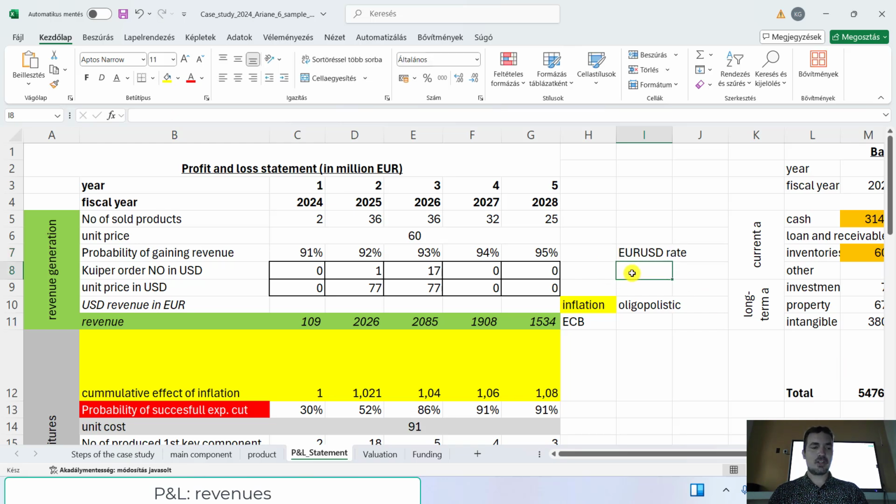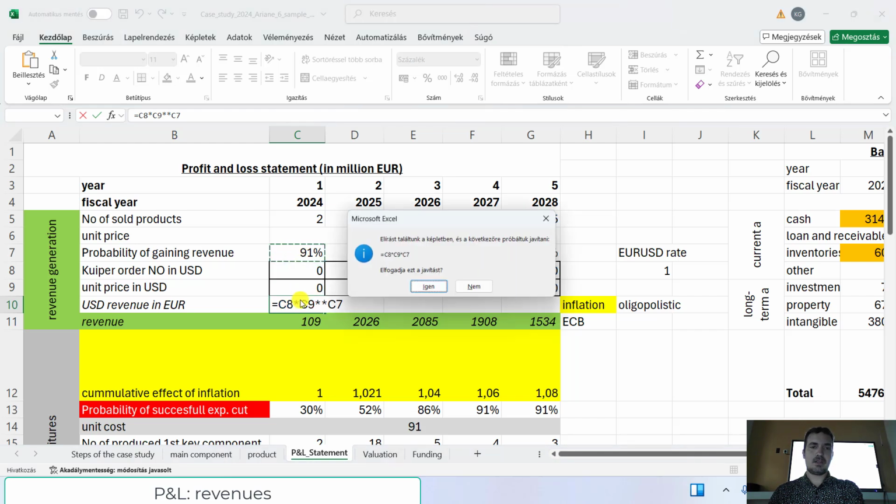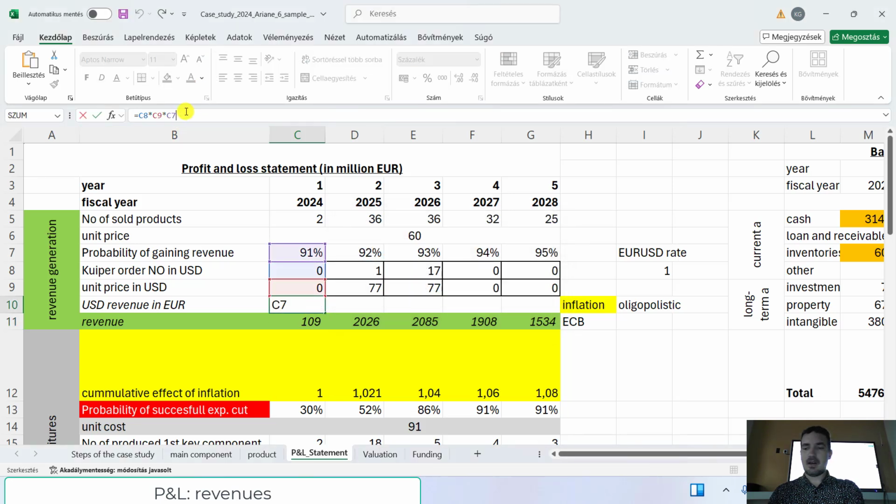So right now the exchange rate is 1 to 1. This number multiplied by this number multiplied by the probability of gaining revenue. Okay, it's in euros, so still we have to multiply it with this number, and this number must be fixed.